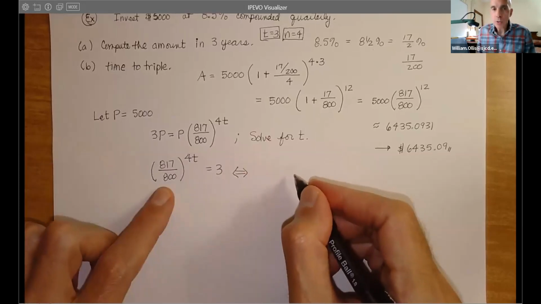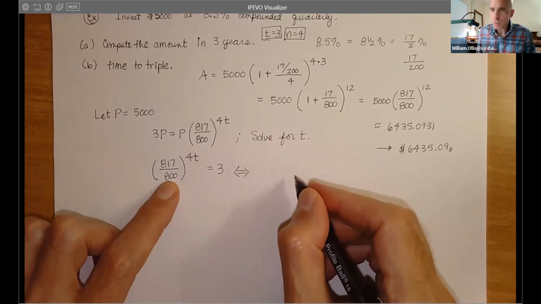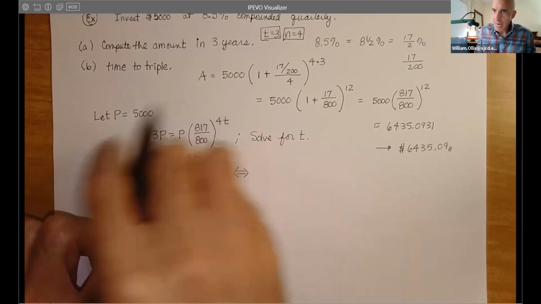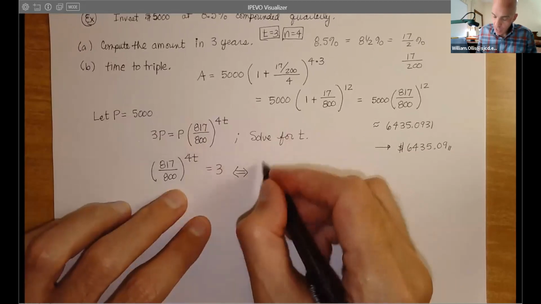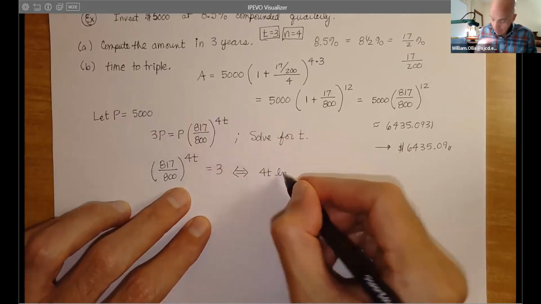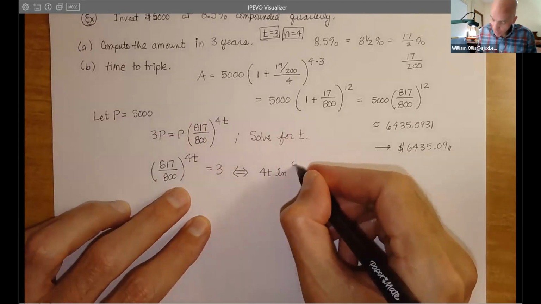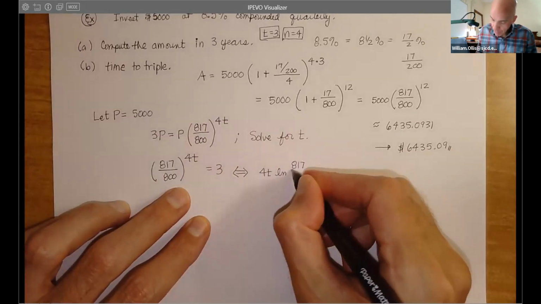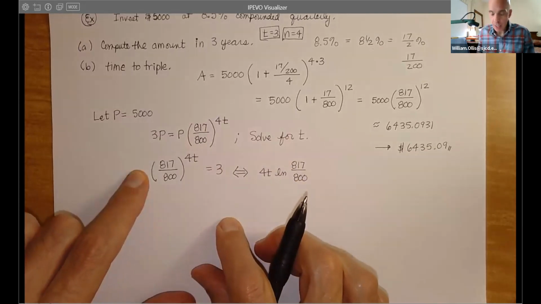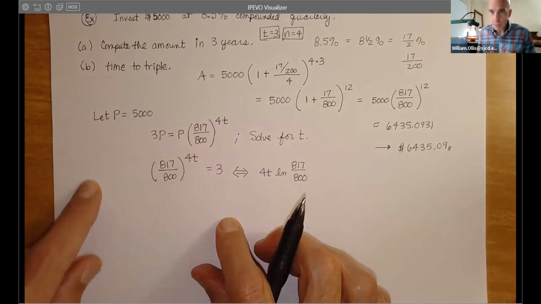Now, what I want to do here, instead of using this base, I'll just use a natural log just to get the 4t down to the coefficient status. So this will be 4t natural log of 817 divided by 800. Remember, when you take the natural log here, the 4t becomes a factor.